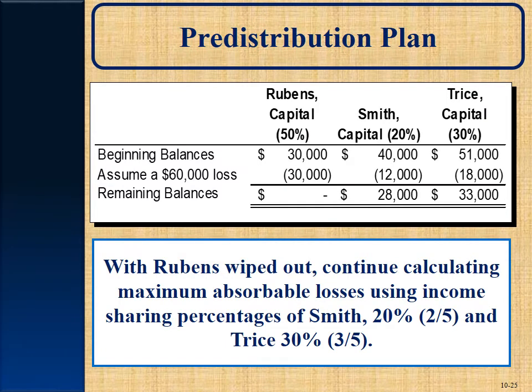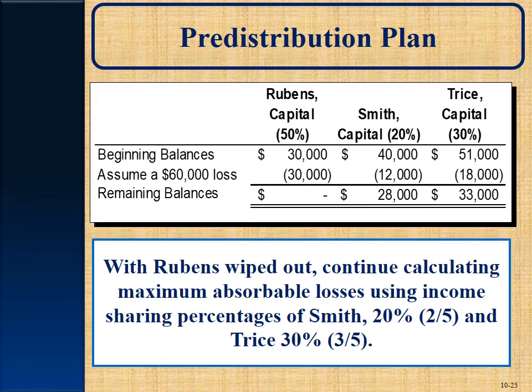So if that's the case, Rubens' capital at a $60,000 loss will be 0. Smith's capital will be reduced by 12,000, so his new capital balance would be 28,000. Trice's capital balance goes down 18,000, so his new capital balance is 33,000. So now Rubens is out.